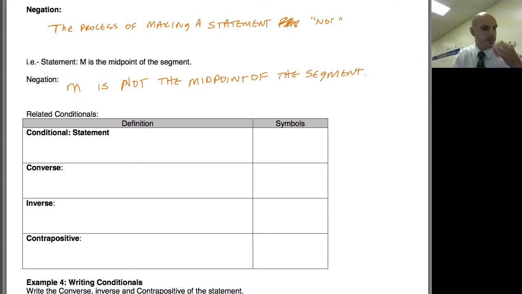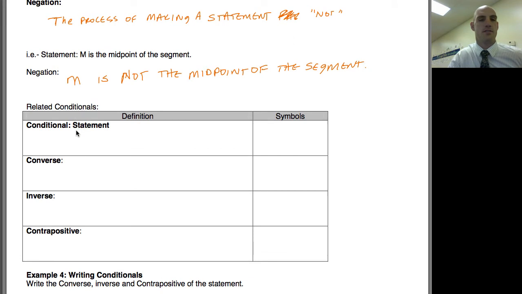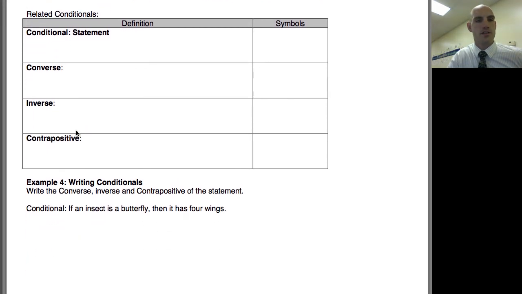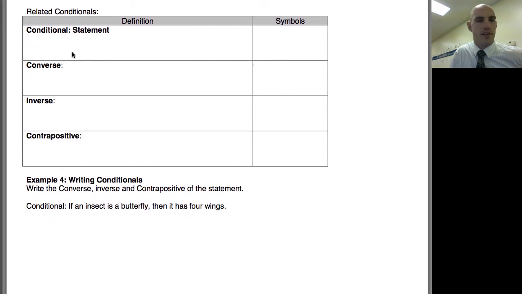There's a chart here that you need to memorize because it's going to tell us how to manipulate these statements and make them into different things. The conditional statement is that if-then. So for any conditional statement, we say it if-then.